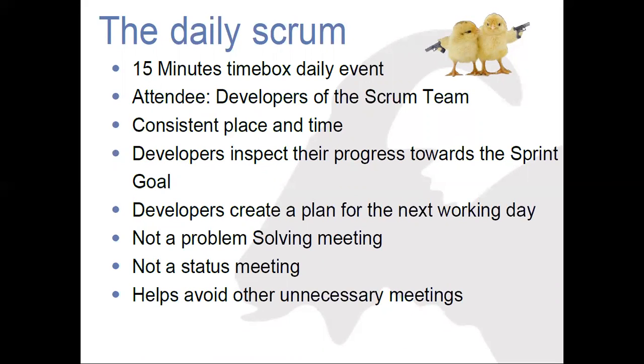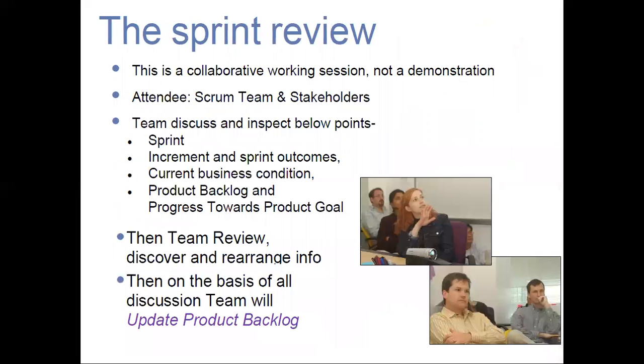And there should be a consistent place and time for daily Scrum. Developers inspect their progress toward the sprint goal. Developers create a plan for the next 24 hours. It's not a problem-solving meeting. It's not a status meeting, and it helps avoid other unnecessary meetings.